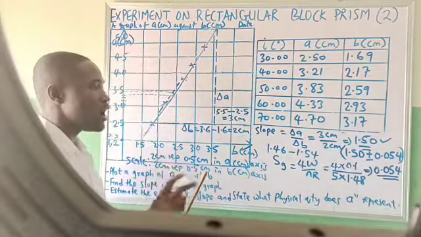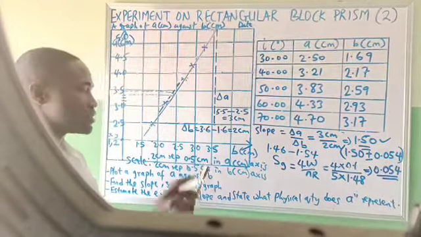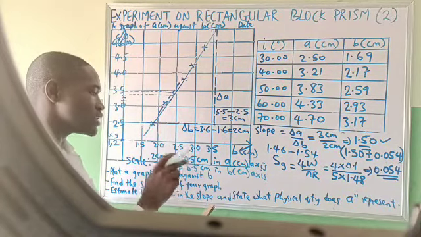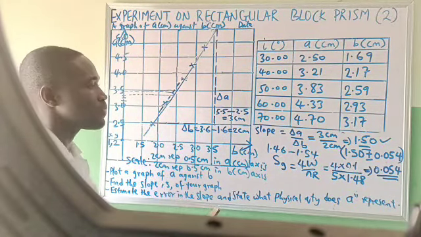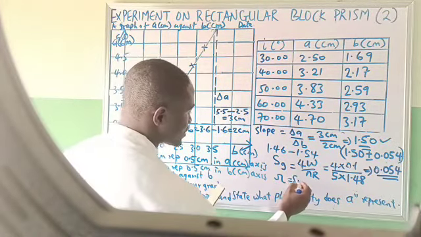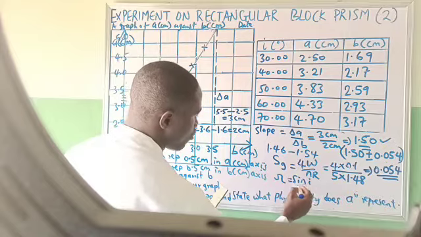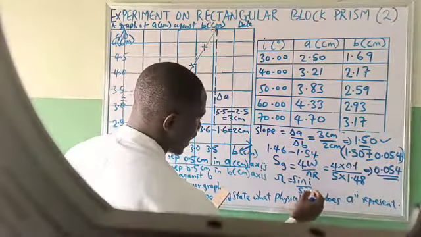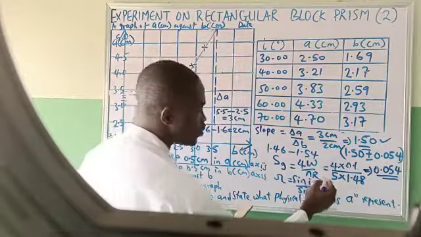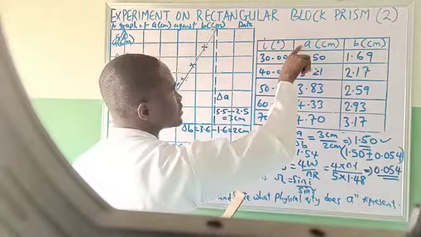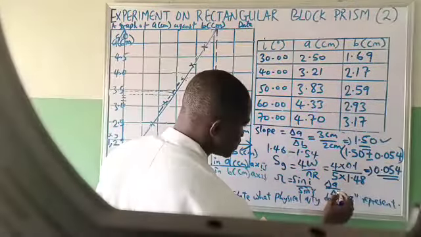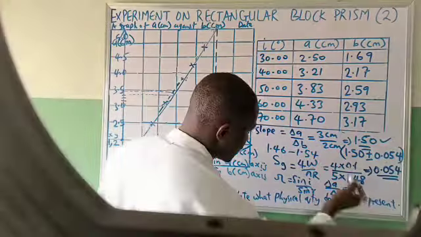Okay? Now we have gotten our slope and we have gotten the error in the slope. They said state what physical quantity A represents. From Snell's law, sine i over sine r will give you the refractive index. Now from this experiment, you notice that it is change in A over change in B that will give you the refractive index.